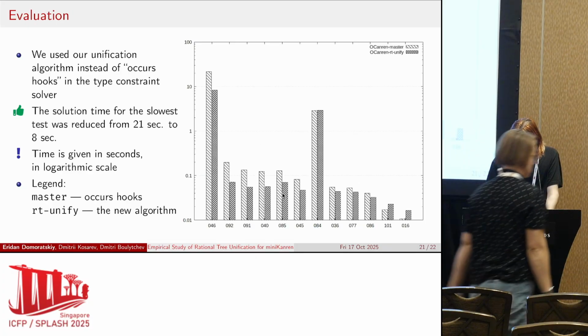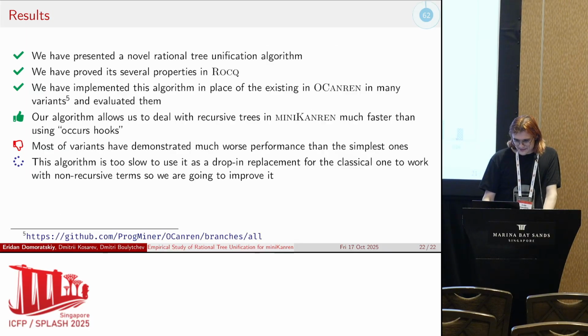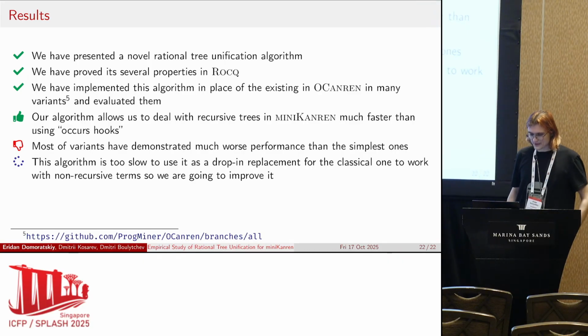Here we may see these tests not changed because of the logarithmic scale, but for the slowest test, we have reduced time from 21 seconds to 8 seconds. Here we may see results in a short list. Thank you.